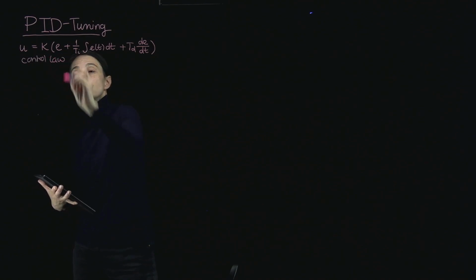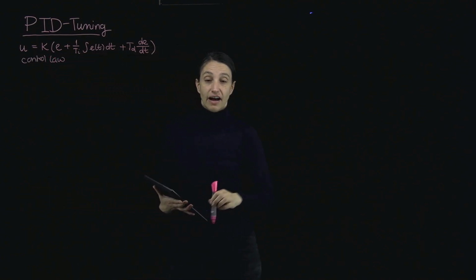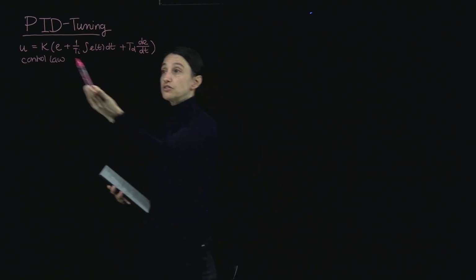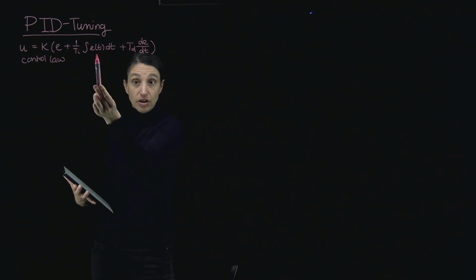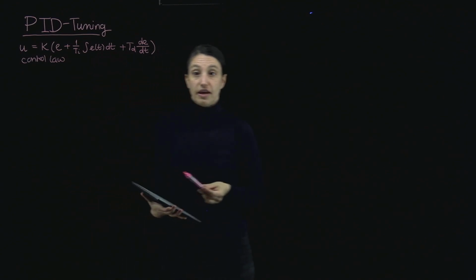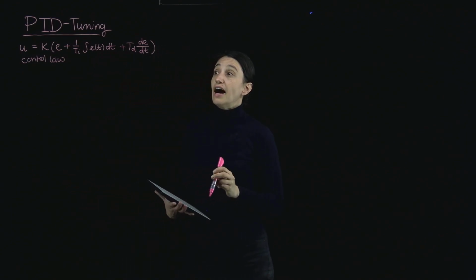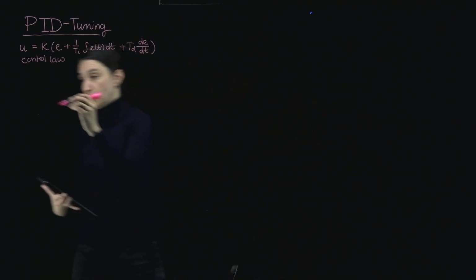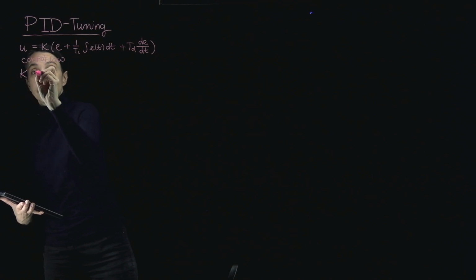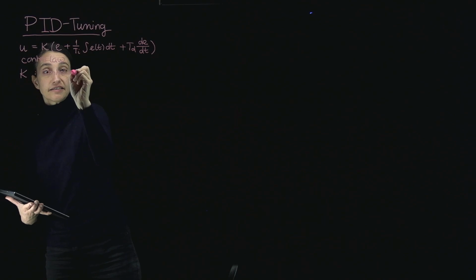law, which says that the output of the controller is a function of the error, the integral of the error, and the derivative of the error. Okay. And we can see that we have three parameters we can choose. We have our controller gain k. We must select.